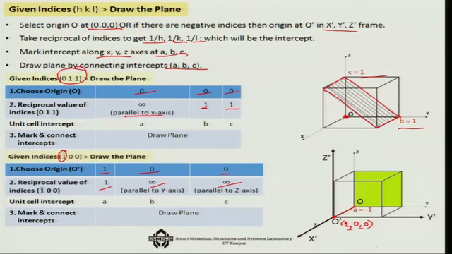So, at this point we draw this parallel plane, and this is the plane that we are talking about, which will have infinite intercept with respect to y prime and z prime, and it is going to only cut the x axis at a distance of minus 1. So, that is how we show this plane from the Miller index of the plane.